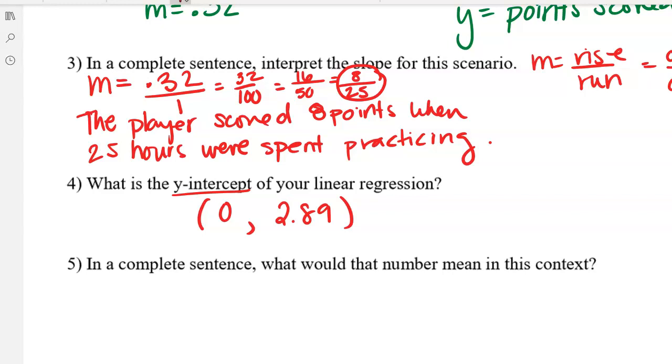Can we say, what does it mean when you have an x value of 0? 0 hours spent practicing. Yeah, when the player doesn't practice. About how many points is he going to score? About 3, right? We don't want to say 2.89 because that's not going to make really sense. So we're going to round it in normal rounding rule, okay?